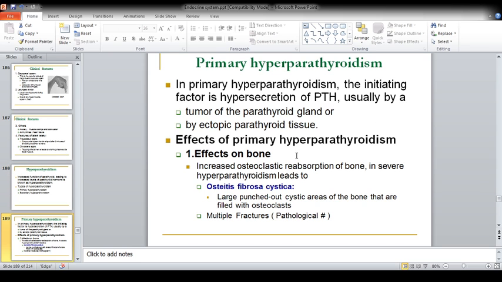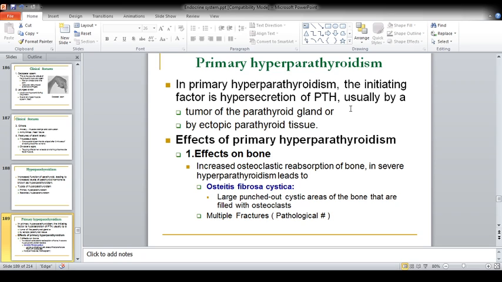Primary hyperparathyroidism is when the problem is in the parathyroid gland.